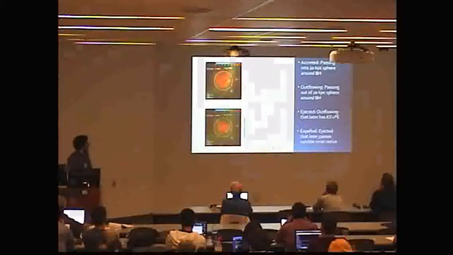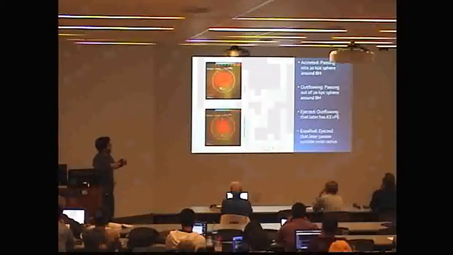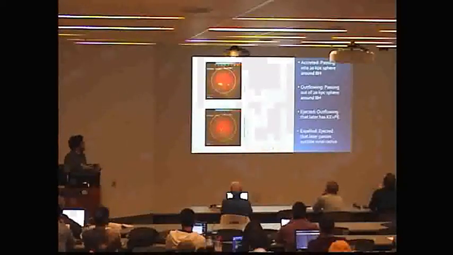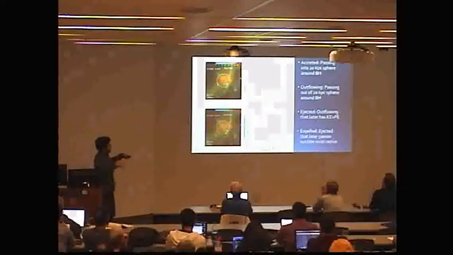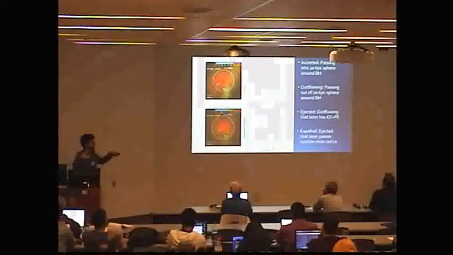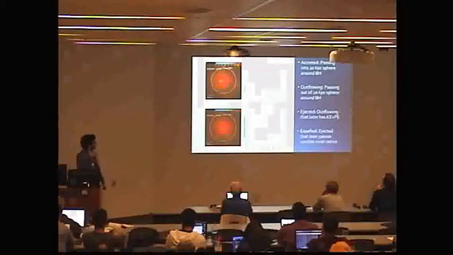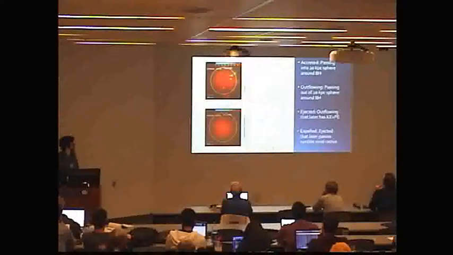These 4 bins are accreted gas, which is gas that's passing into a 20 kiloparsec sphere around the black hole. Outflowing is passing out of that same sphere. Ejected is an outflowing gas particle that later has a kinetic energy greater than its gravitational potential energy. And then expelled finally is an ejected gas particle that later passes outside of the virial radius.